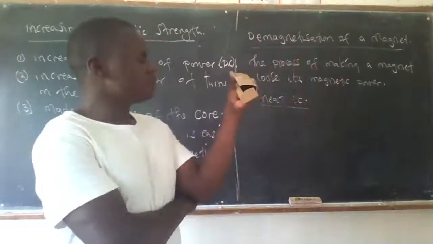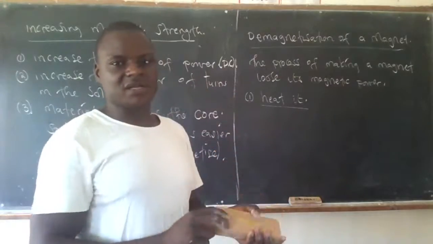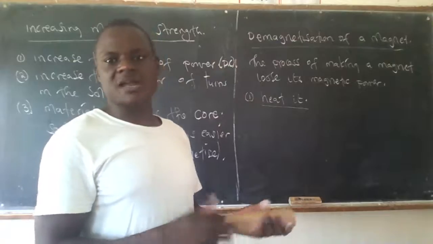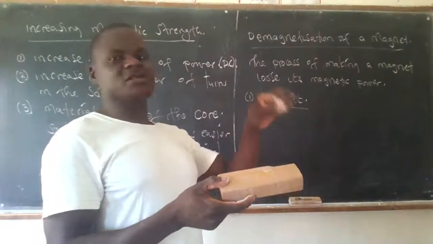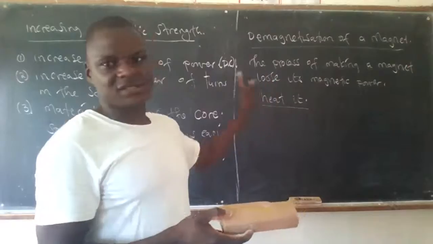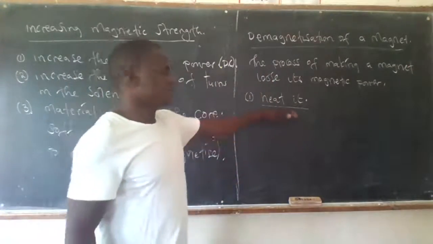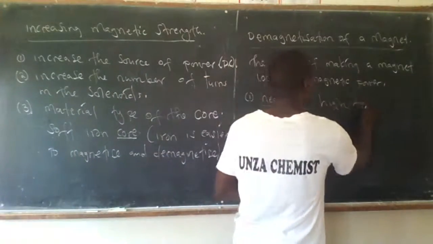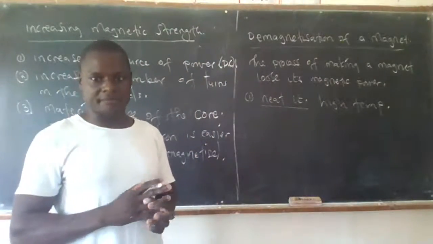If this was pure physics, I would demonstrate what happens to the micro particles that we call dipoles inside the magnetic material when it becomes a magnet. But I'm not going to go that way because we're not doing pure physics. So we just heat it. Now, when subjected to high temperature, this magnet will lose its power.